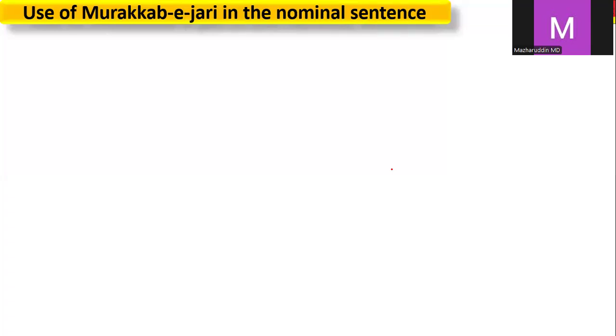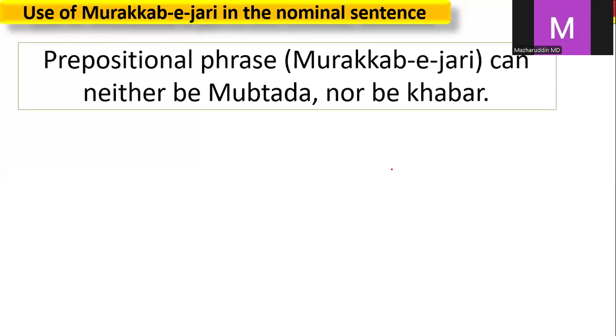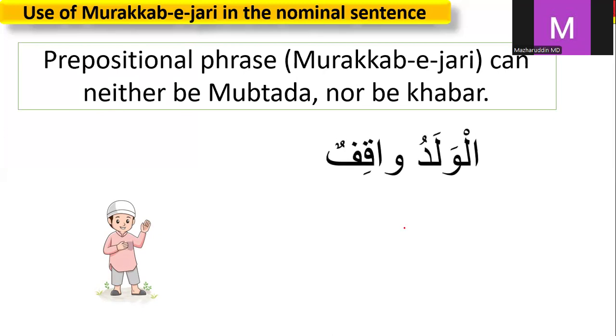Yes. Use of murakkabe jari in the nominal sentence. So here murakkabe jari can neither be mubtada nor be khabar. Why? Now let's understand with an example. You can see here there is a boy, am I right? But if I tell you al-waladu waqifun, so the boy is standing.